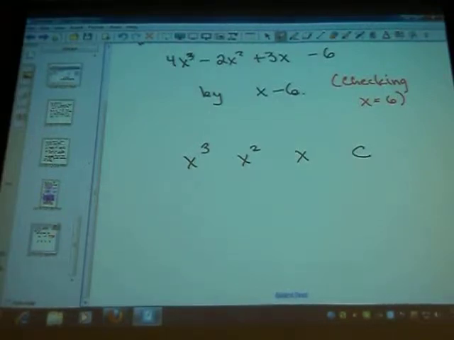Now make a little box here and put the number you're checking in that box. So I'm going to put 6 there. Underneath your x's, you want to put your coefficients. So my coefficients are 4, -2, 3. My constant is -6.